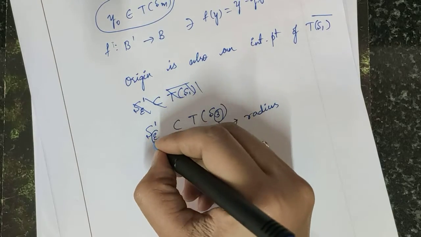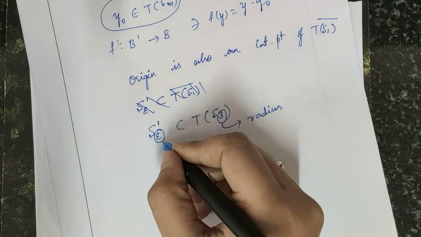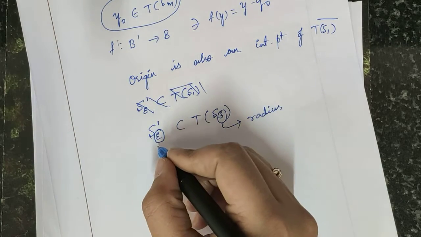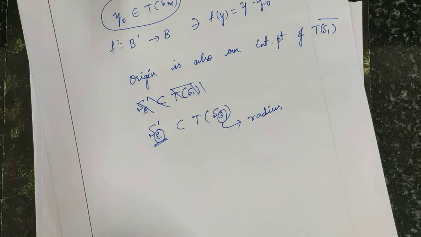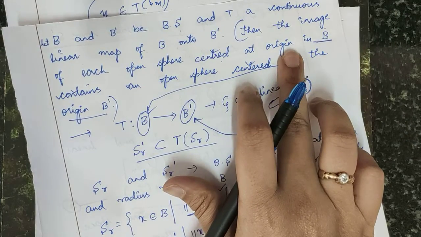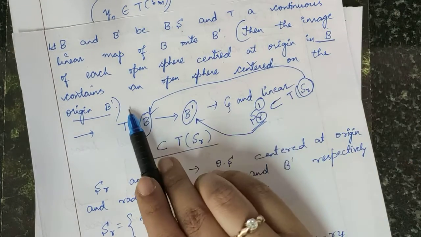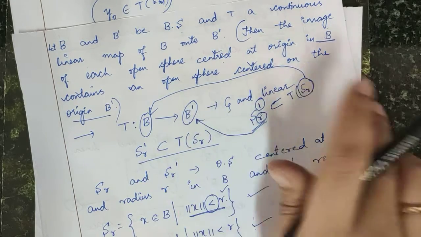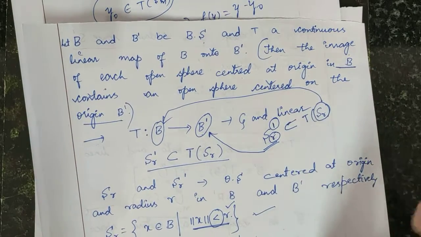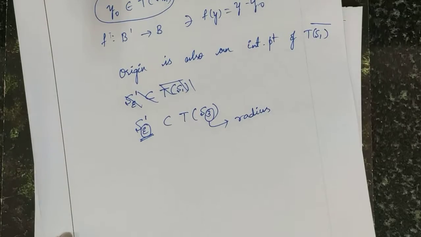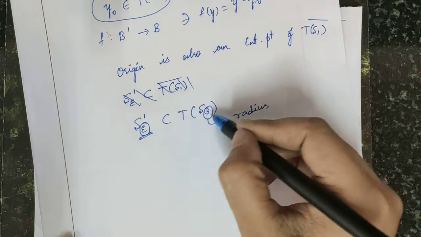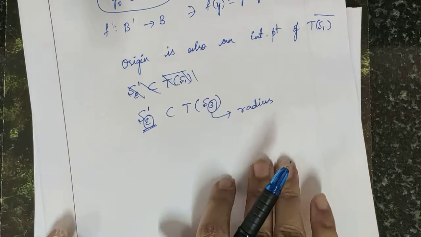Epsilon is some positive number; it may be 3, 4, 5. You can consider any value for your epsilon. We are supposed to prove that the open sphere centered at origin is contained in the image of each open sphere. They have not mentioned the radius, that's why we have arbitrarily chosen the radius.